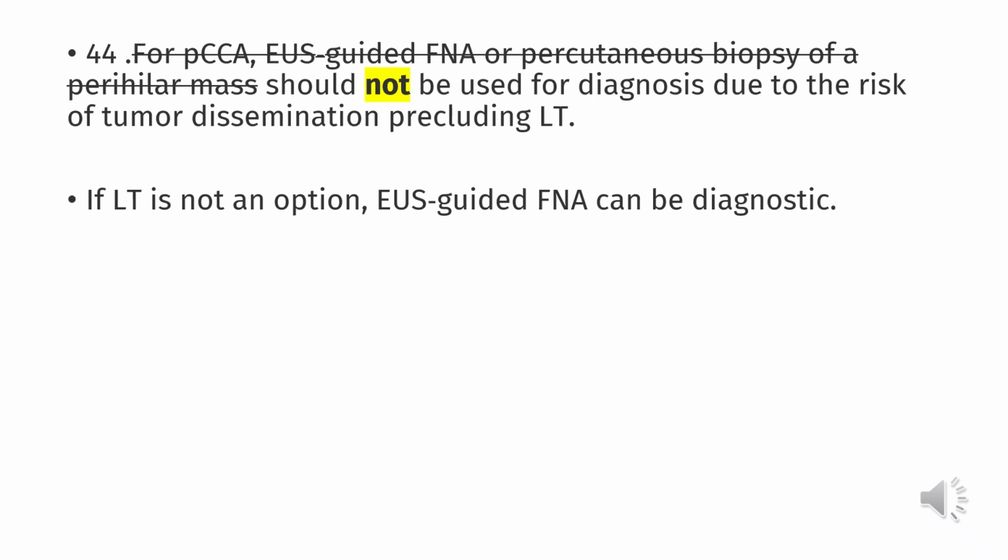If liver transplant is not an option, then EUS-guided fine needle aspiration can be diagnostic. So again, no EUS-guided fine needle aspiration or percutaneous biopsy for those with intention to have a transplant. If there is no plan for LT, then you can do the EUS-guided FNA.